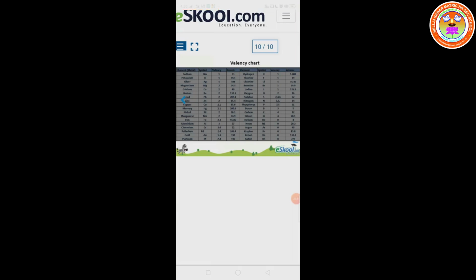Hydrogen symbol H valency 1, fluorine F valency 1, chlorine Cl valency 1, bromine Br valency 1, iodine I valency 1, oxygen O valency 2, sulfur has variable valency, symbol S, 2, 4 or 6.